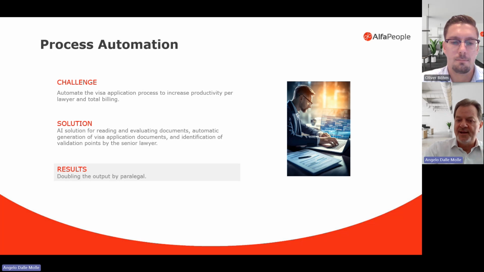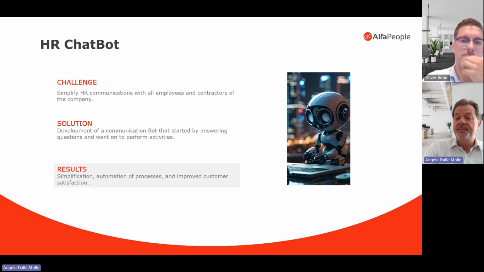As a result of this AI solution, they have basically doubled the output per paralegal. That was a very interesting case, sure. The typical HR chatbot, okay, in this case, it was an agri-science company, but we are implementing this internally at AlfaPeople too.